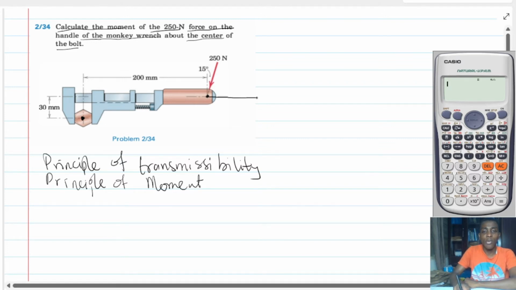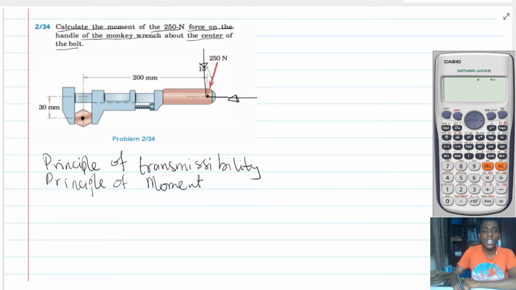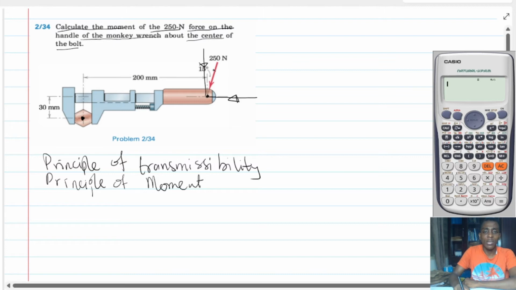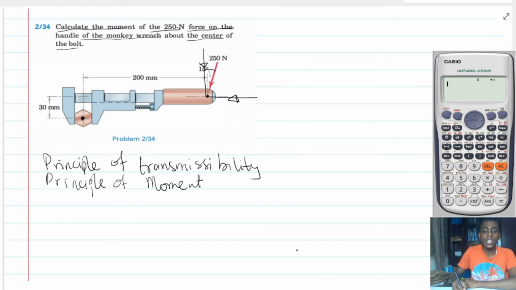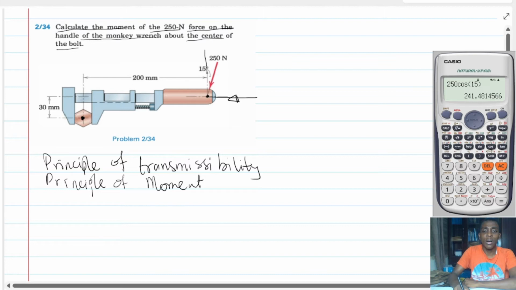So I will get a component in this direction and I will also get a component in this direction. Now, the 250 Newton is making an angle of 15 with the vertical. And what this means is that the y component is going to be cosine. So 250 cosine 15, that is 241.481 newtons.